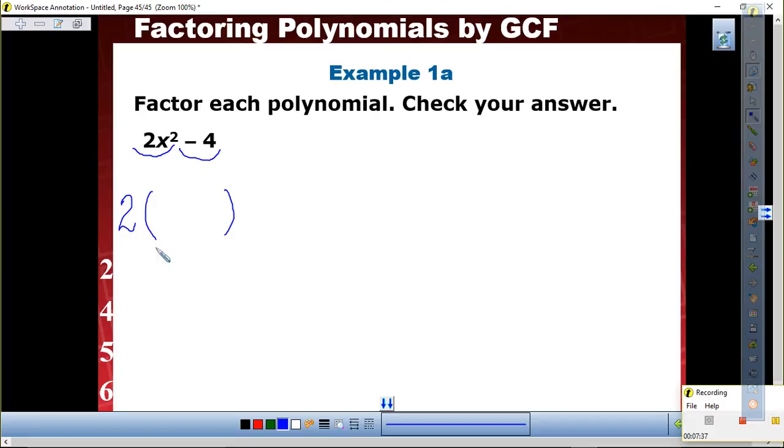That process is called factoring, which is also dividing. Therefore, 2x squared divided by 2 is x squared. Negative 4 divided by 2 is negative 2. This one and this one are my factors. Copy that, please.